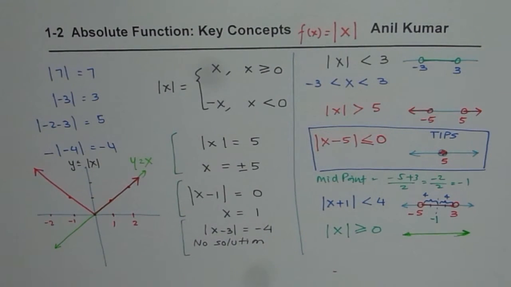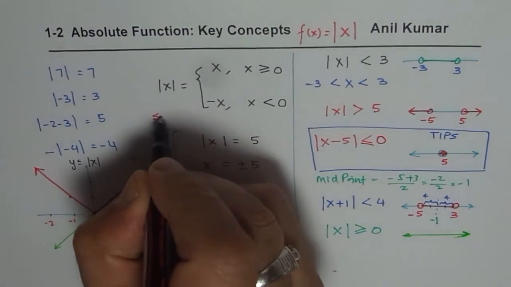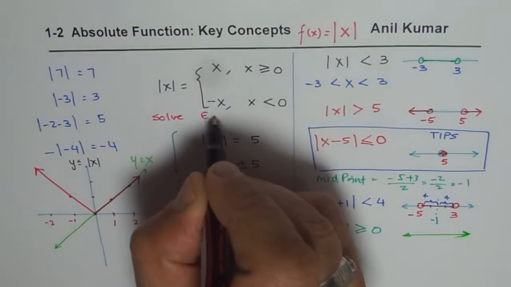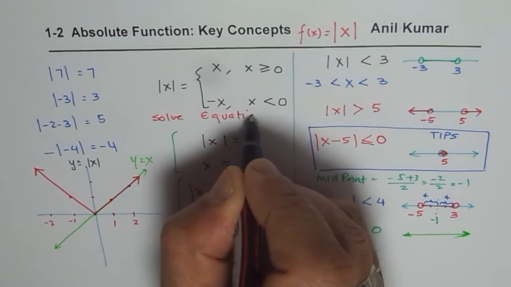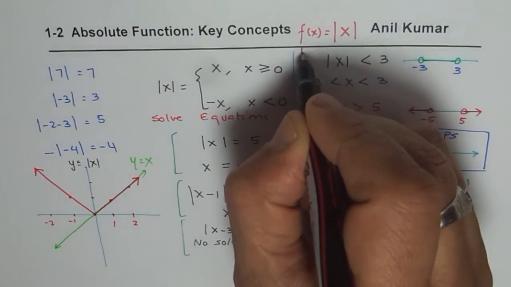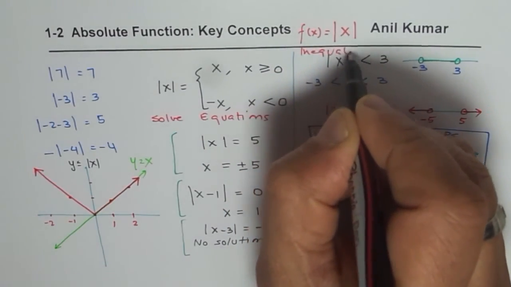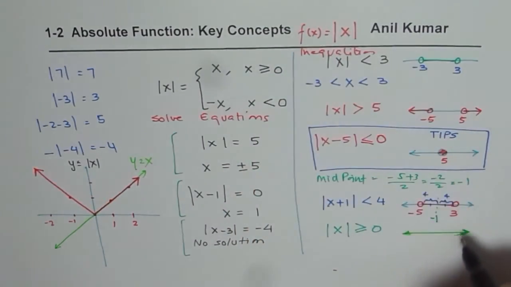Now in this particular video, in short, we summarized how to evaluate absolute function, how to sketch one, right? How to define as a piecewise function, correct? And how to write the equations or solve equations, and also inequalities with reference to number line.